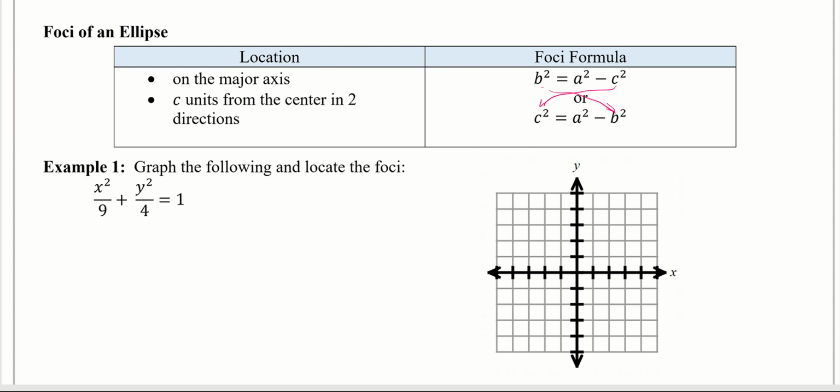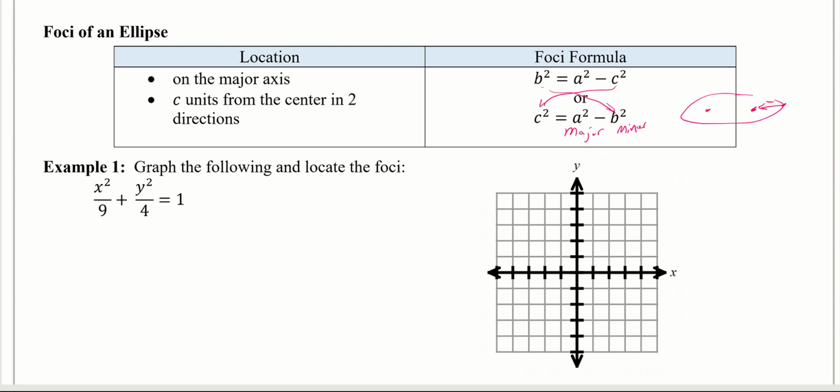The way I always like to think of it is it's on the major, so this is going to be the major axis minus the minor. The way I remember this is if you have an ellipse like this, your foci is always inside, so it's going to be less than A. So you know subtraction.